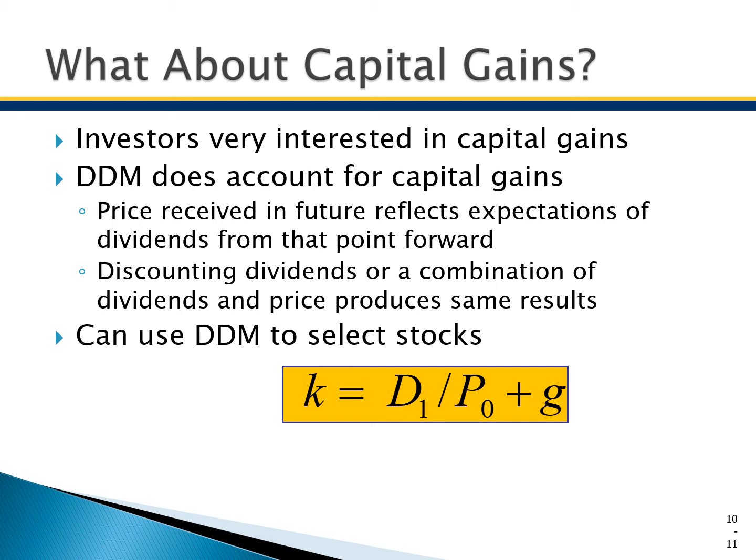Thus, in computing present value for a stock, investors are interested in the present value of the estimated price 2 years from now, or 6 months from now, or whatever the expected holding period is. So we have to ascertain what price would be there in future. The price received in future reflects expectation of dividends from that point forward. So discounting dividends, or a combination of dividends and price, produces the same result.